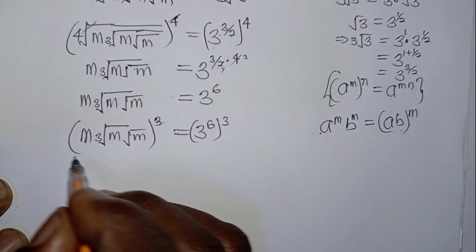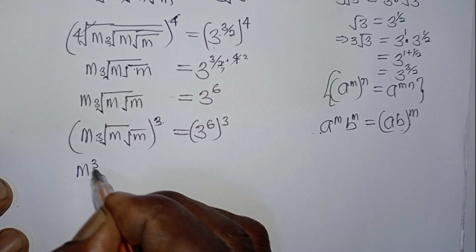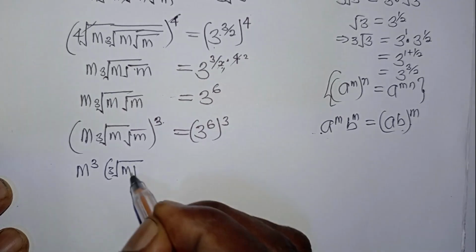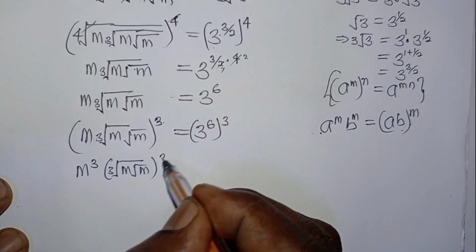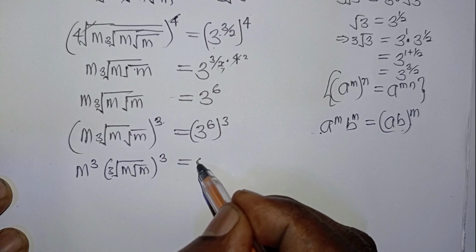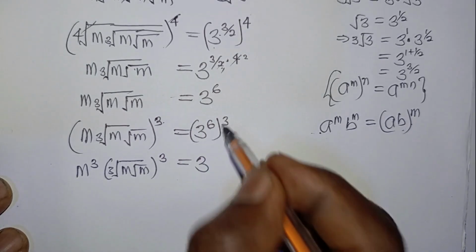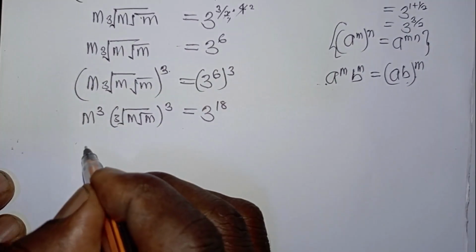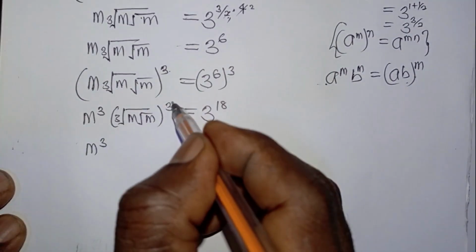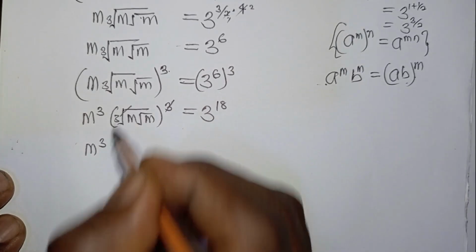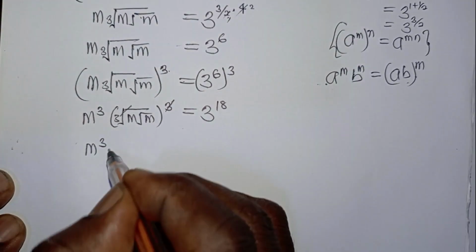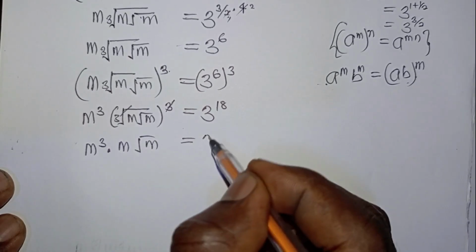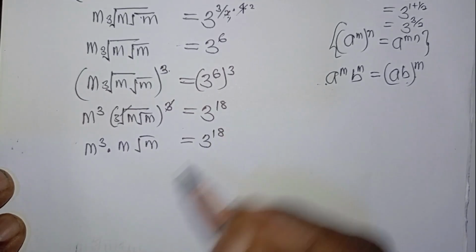This one will give us m to the power 3 multiplied by the cube root of m, square root of m, all raised to the power 3, equals 3 to the power 6 times 3, which will give us 18. So we have m to the power 3. The cube root will cancel the cube. So we are left with what? m times the square root of m equals 3 to the power 18.